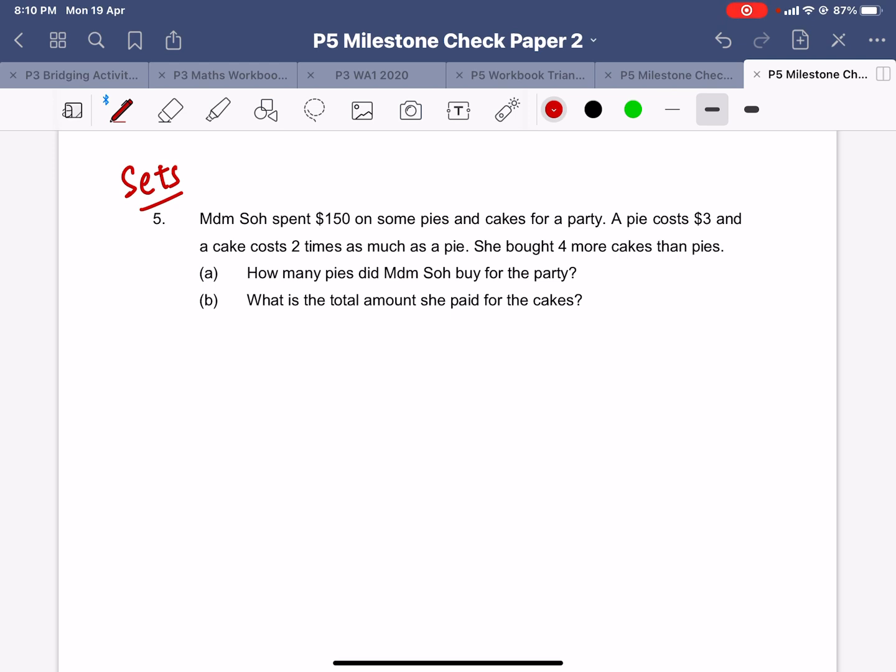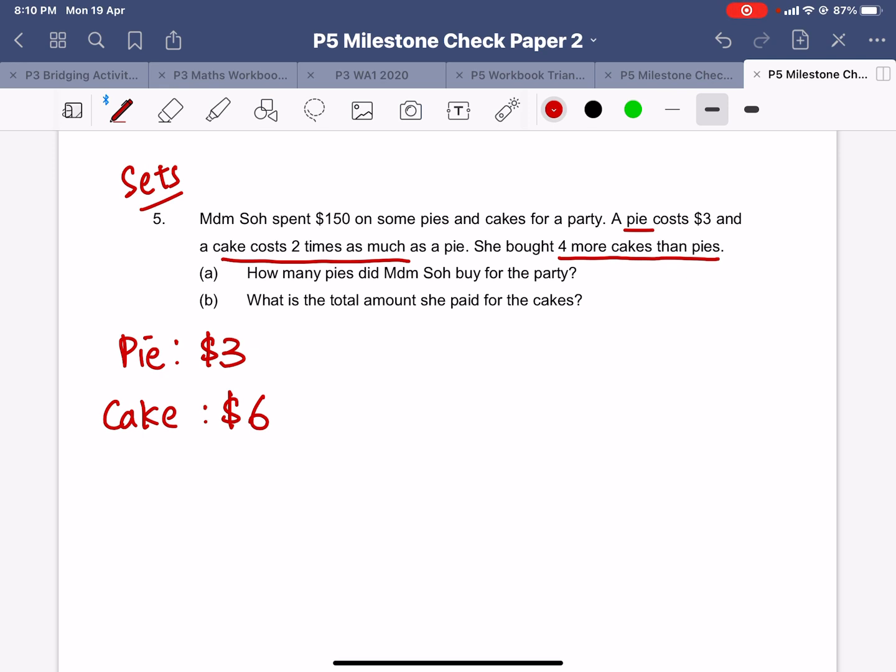Now you have a pie that's $3, so let's list out the numbers. A cake is 2 times as much, so a cake has got to be double, $6. Now she bought 4 more cakes than pies.